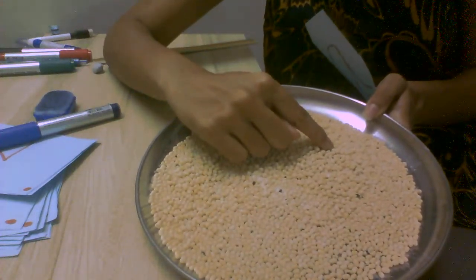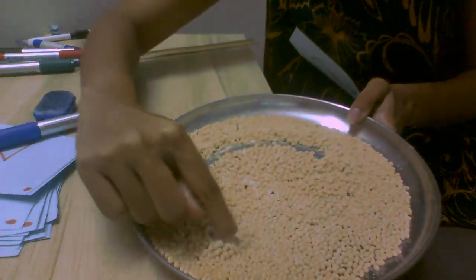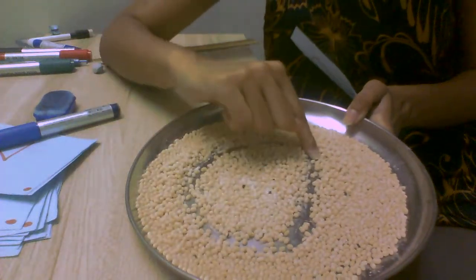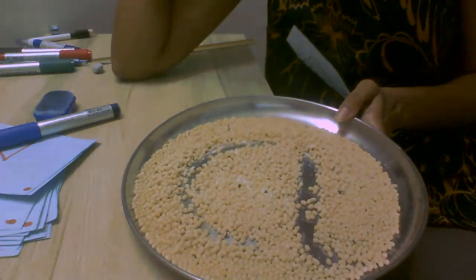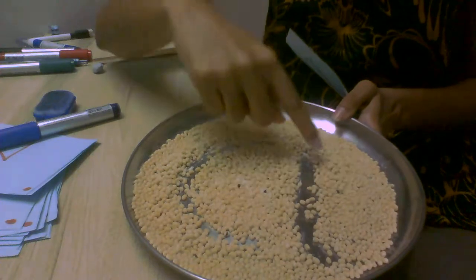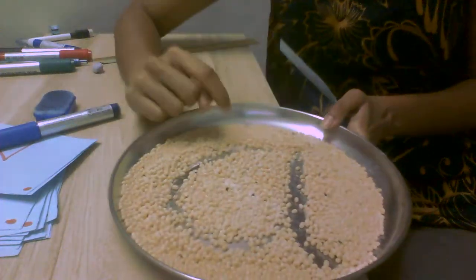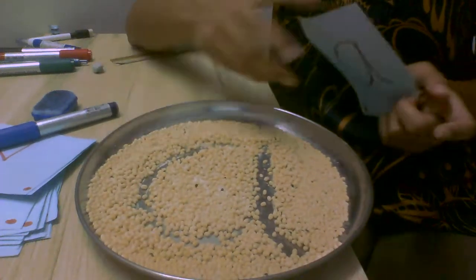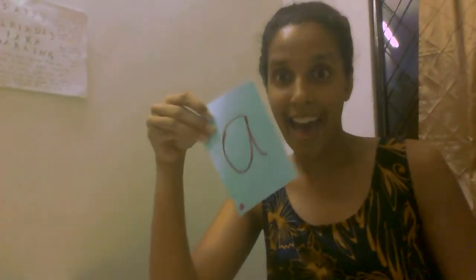We're always starting from the top. So start from the top, go around, and back to the top, down to the bottom, and a flick. And that's how we write A. So they can practice this several times until they get really familiar with the formation of the letter A.